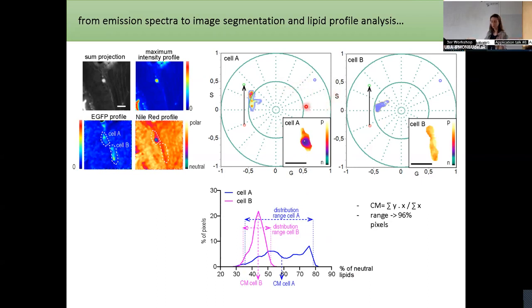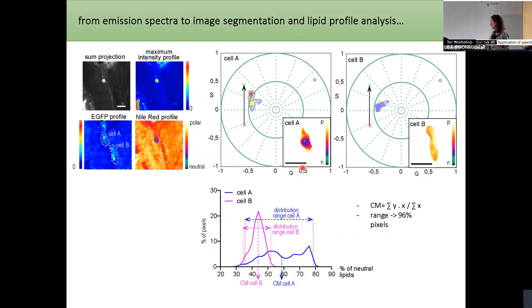So to be able to compare the profile among cells, and because we only wanted to analyze the Nile Red profile, we just projected the pixels along this axis, the Nile Red axis, and generated the graphs we are looking at in the bottom part, where we can see the percentage of pixels in the different levels of neutral lipid, let's say, okay.